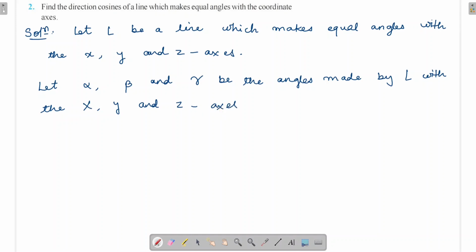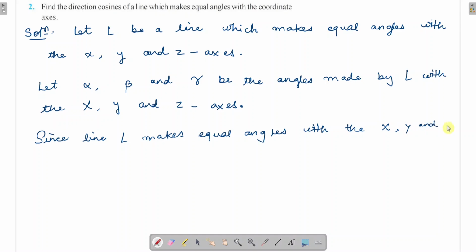Okay, now since line L makes equal angles with the x, y and z axis, therefore what we get is alpha is equal to beta is equal to gamma.